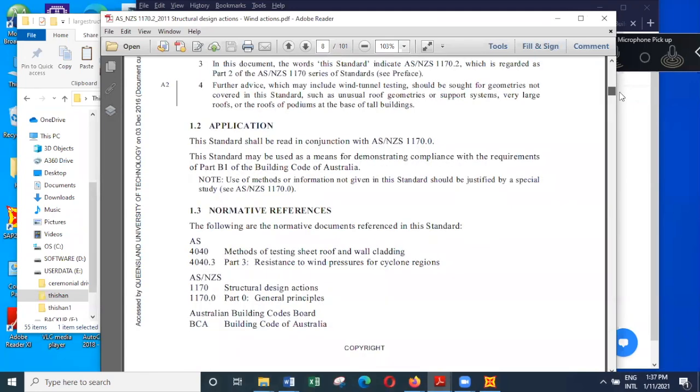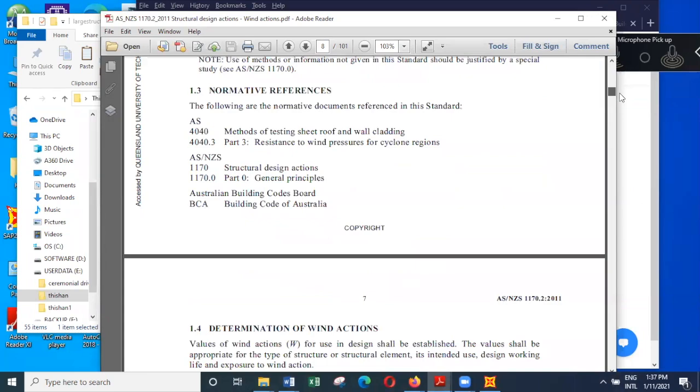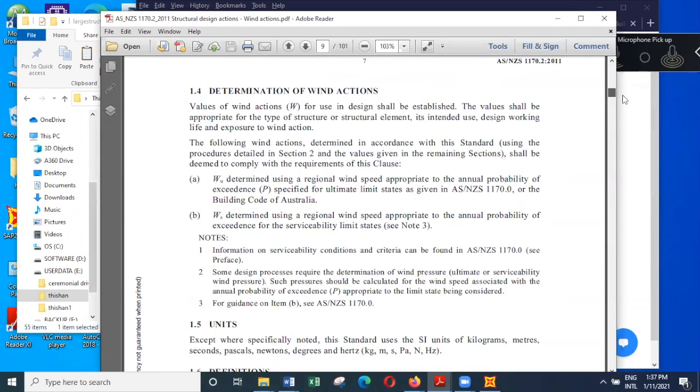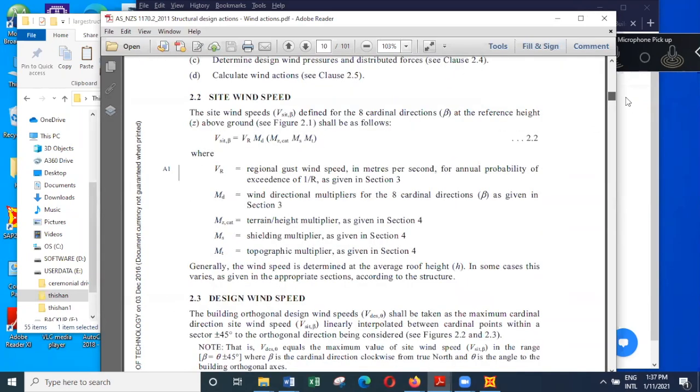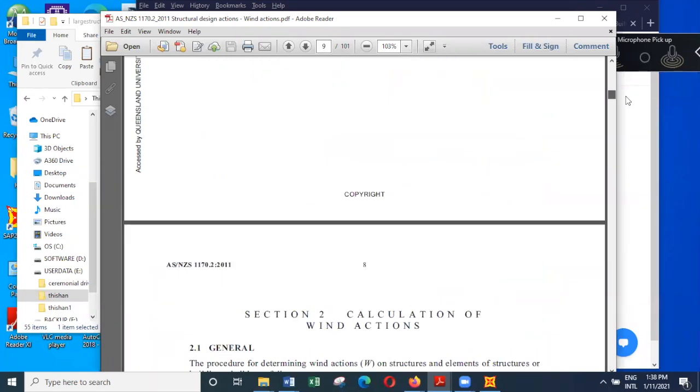Have you used the Australian code before, Janit? Yes, sir. Have you used this particular code earlier? No, sir. Okay. But the concept is very similar as I explained here, right? They allow for shielding, topography, and the terrain category.